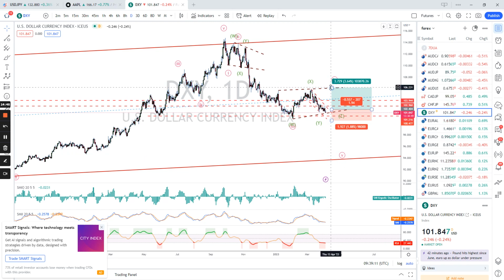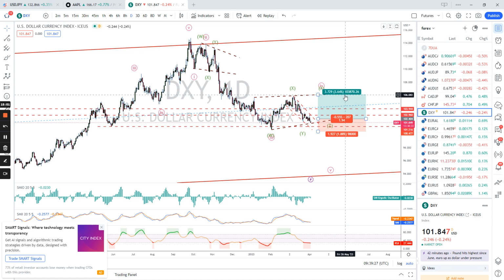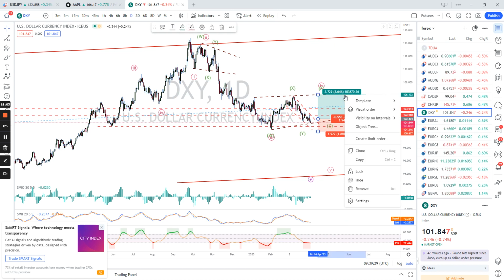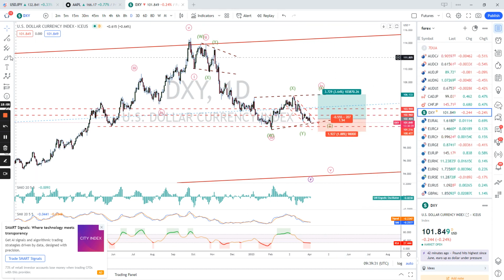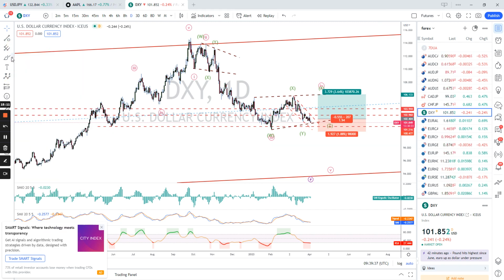Any kind of breakout above 106.4 will indicate that we have an invalidation of this downside ride to 95, but that is not very likely. For the moment, pay attention closely to this zone indicated on the chart.